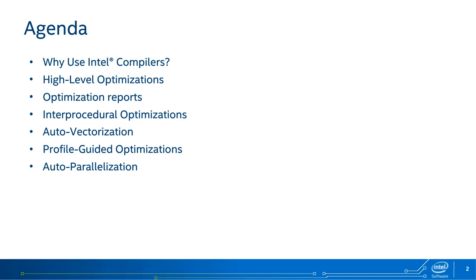Especially we will talk in more detail about high-level optimizations, optimization reports, IPO, which is inter-procedural optimization, auto-vectorization, which is a major part of our compiler and gives the best benefit for you, as well as dynamic profile-guided optimization and auto-parallelization.